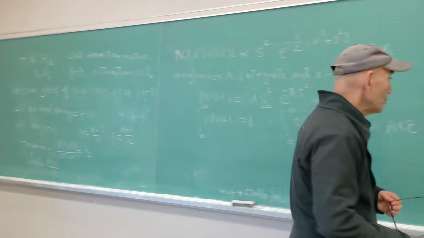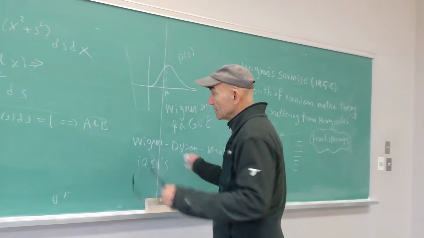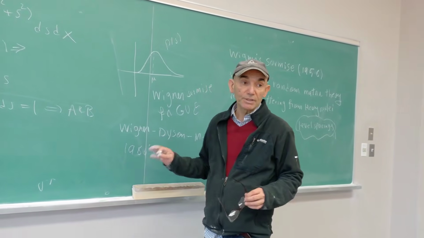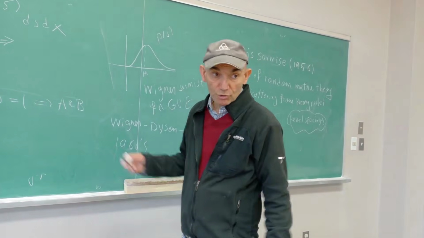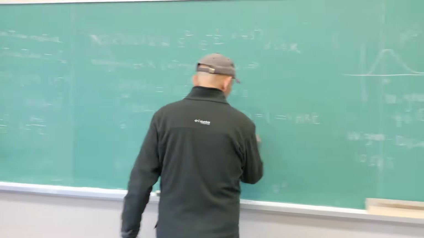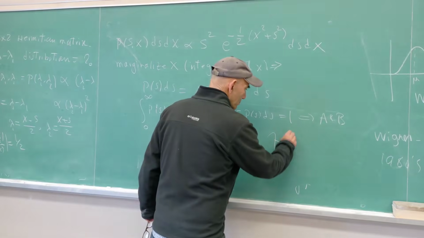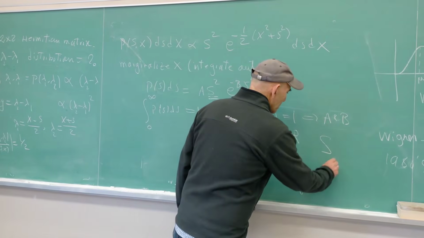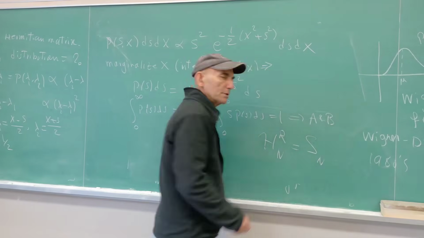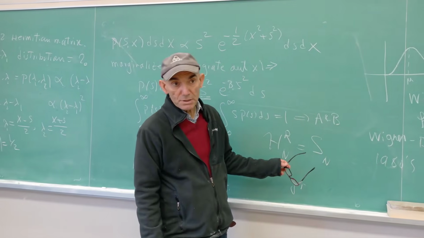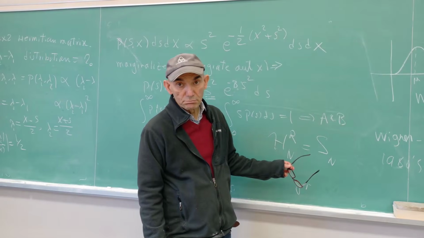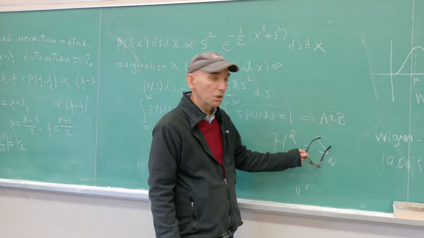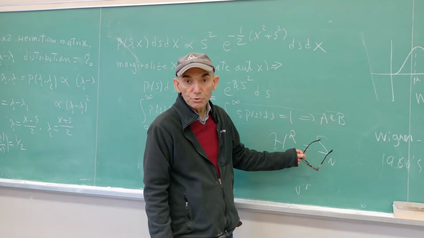Now, we did not discuss the symmetric case, the real case. You can look at real, maybe I call it S_N. These are n by n symmetric matrices. There is also a Gaussian distribution on this.